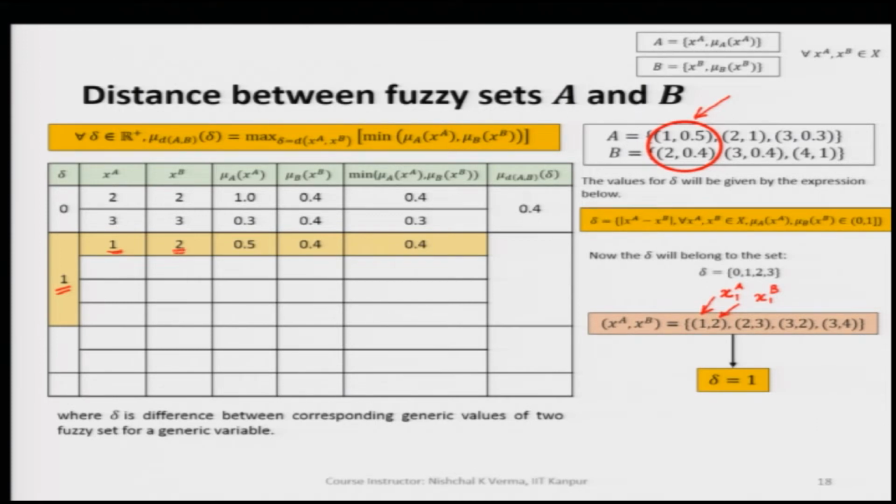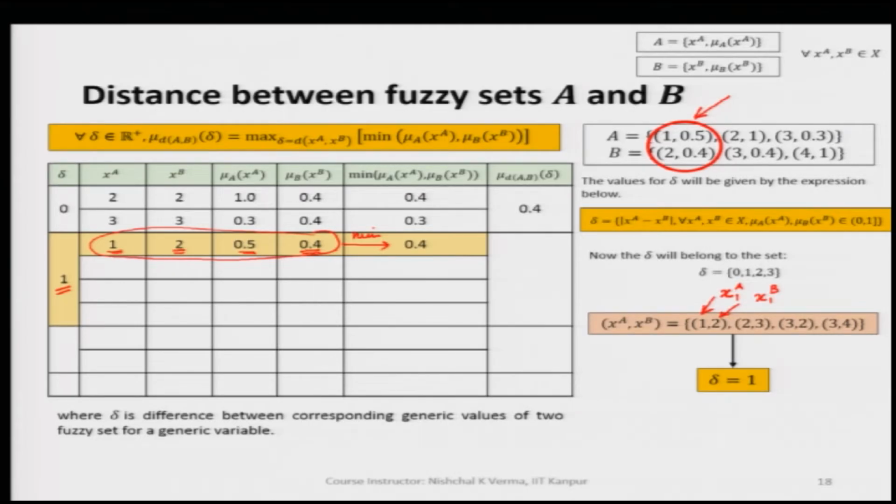From the given discrete fuzzy set, we have 0.5 with respect to the generic variable value x A. Then we enter mu B of x B, which is 0.4. In the sixth column, we take the minimum of all these entries, and this gives us 0.4.